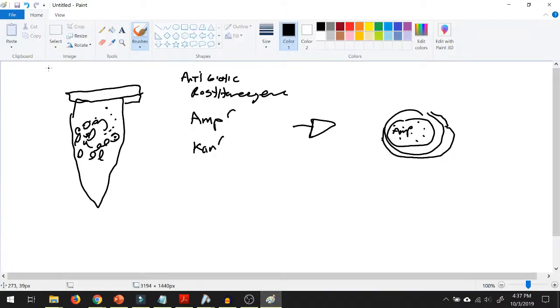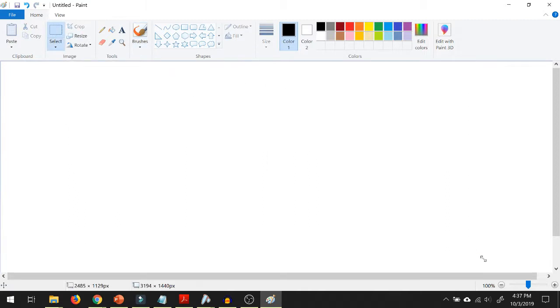So let's go over that really quick. So the experiment you're going to do with genetic engineering involves adding, obviously, DNA into the bacterial cell.